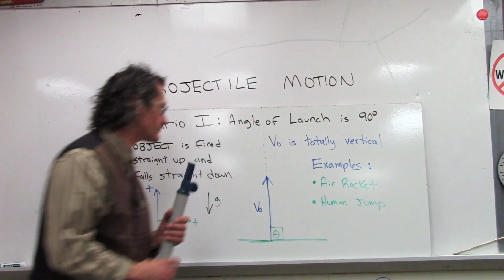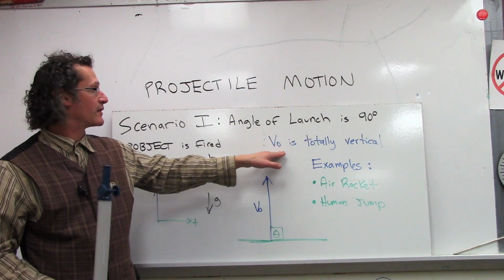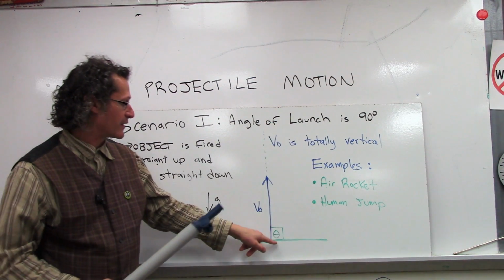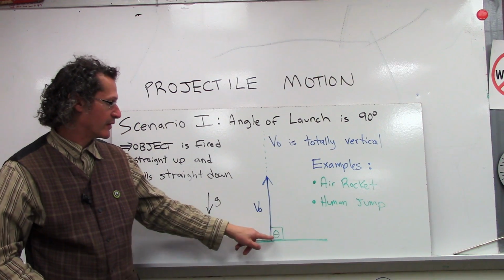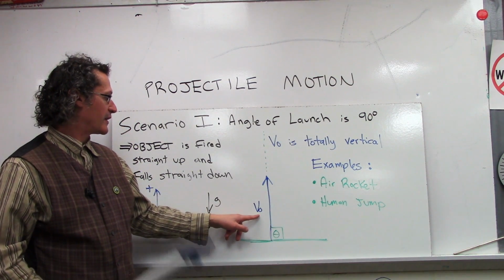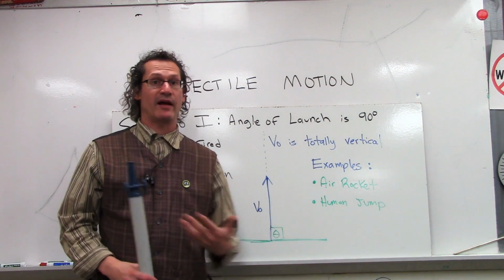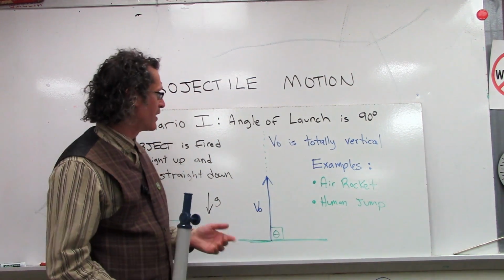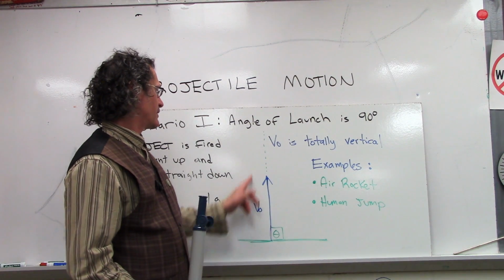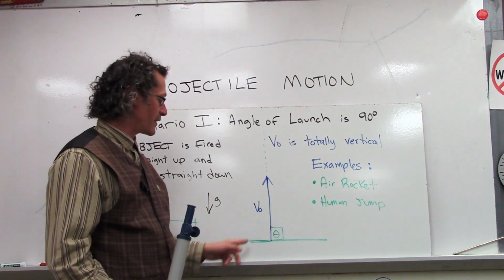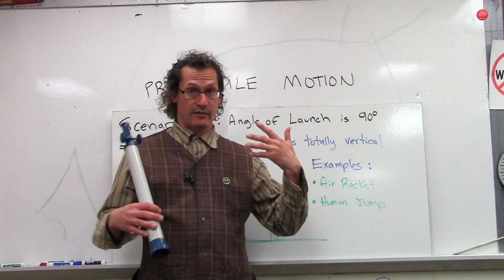So this suggests here when our launch angle is 90 degrees, you can see it's the right angle here, and here's theta. v naught is just going to be projected entirely. All of that velocity is going to be upwards, totally vertical, and it goes up, reaches its peak, and then comes back down. We've done problems like this.